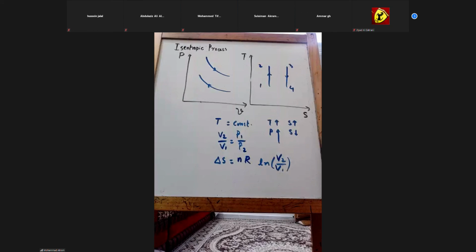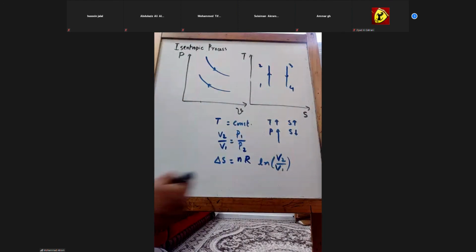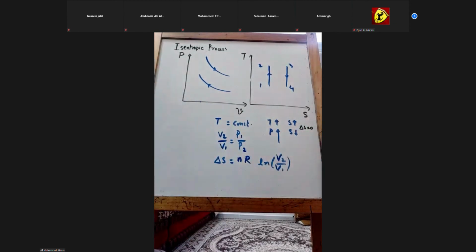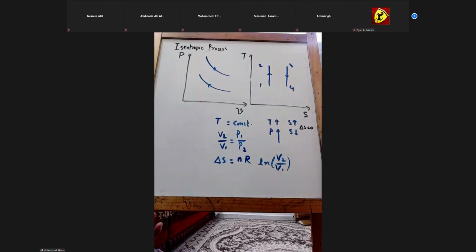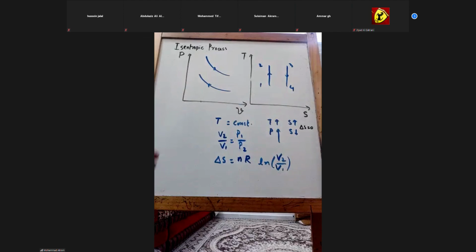Then only their entropy changes will be equal, and delta S will become 0. Only when we have a large change in pressure compared to temperature will the change in entropy be the same, because the temperature and pressure effects equally increase and decrease, so it becomes 0.